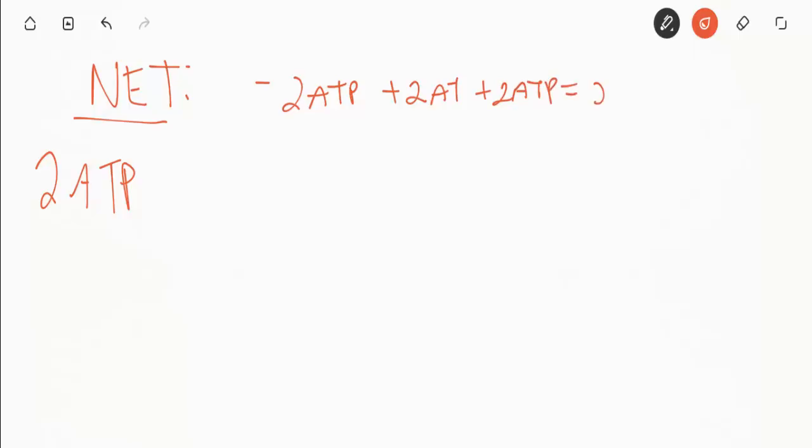So net from glycolysis only, we have 2 ATP because we had minus 2 ATP plus 2 ATP plus 2 ATP equals 2 net ATP.